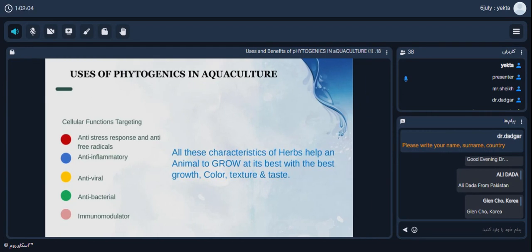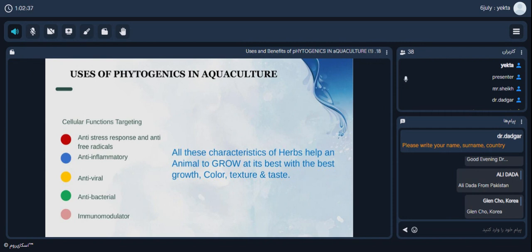So again, you see how it works. Again, I'm talking about the holistic effect. It has anti-stress response and anti-free radical, anti-inflammatory effect, antiviral, antibacterial, and at a low dose, it works as an immunomodulator. And we don't claim that by using this, the shrimp or fish will grow faster, or the color will be darker.